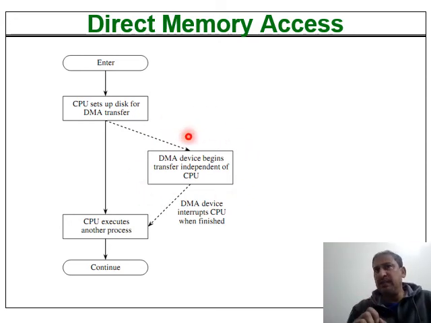Now, once the DMA has finished the task, there are once again two possibilities. Either the DMA has successfully completed the task or there was some problem. So in either of the cases, the DMA device then tells the CPU about the status of the operation by using an interrupt. Once again, we use an interrupt over here.